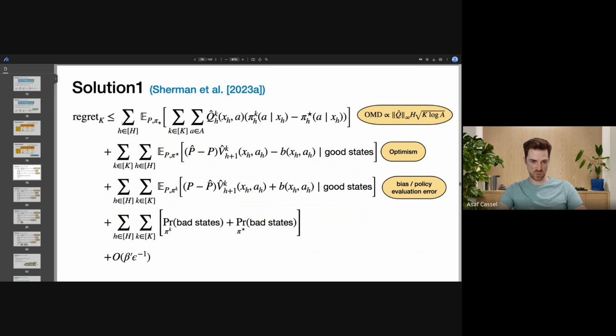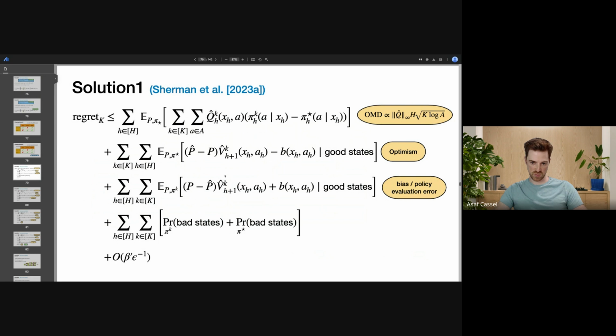If we go back to our analysis, we still have the OMD term, which is exactly the same. But for the optimism term, now we need to use total expectation to split it into the expectation given that we're in the good states, meaning where we have good exploration. And here we just get the standard optimism.